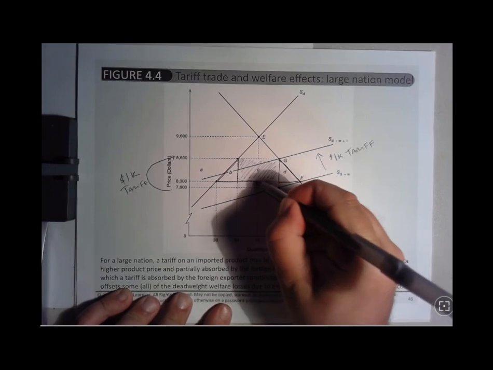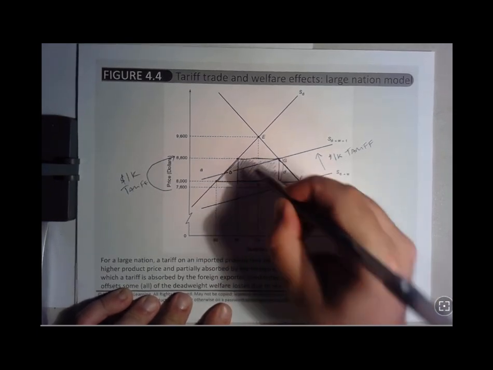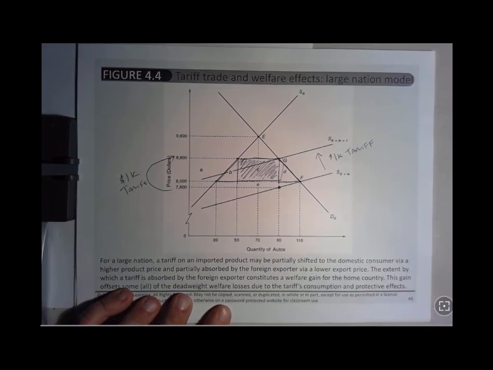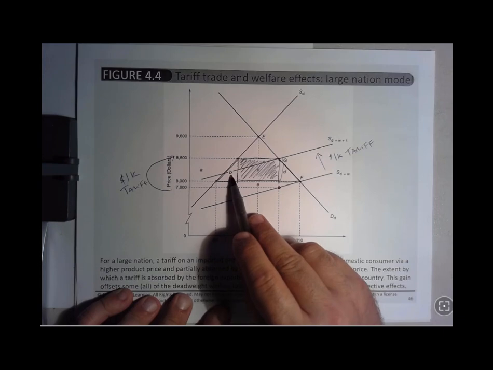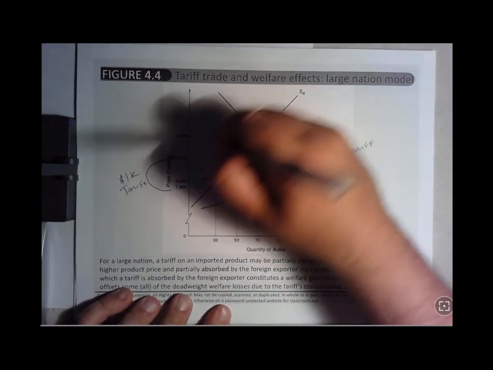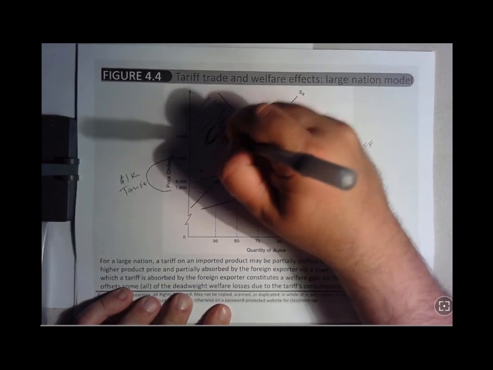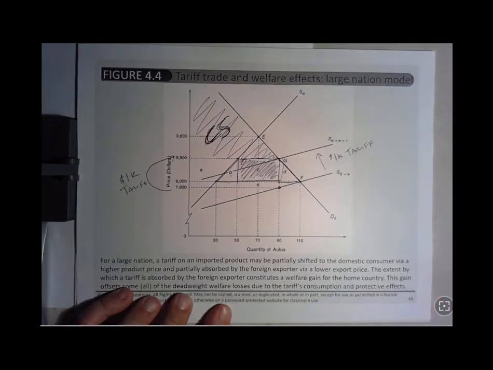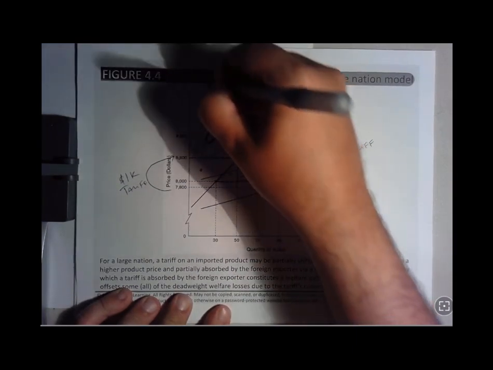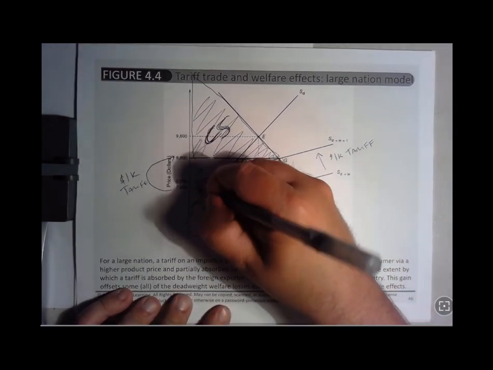This rectangle over here remains in the economy. What is gone is B and D. We still have the consumer surplus here. We still have the producer surplus.